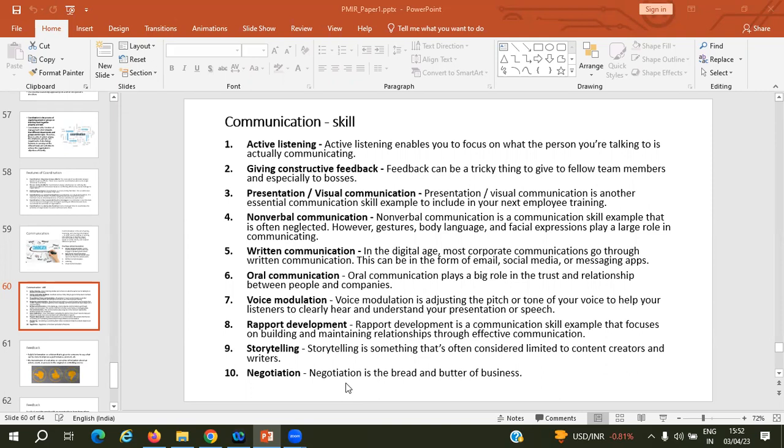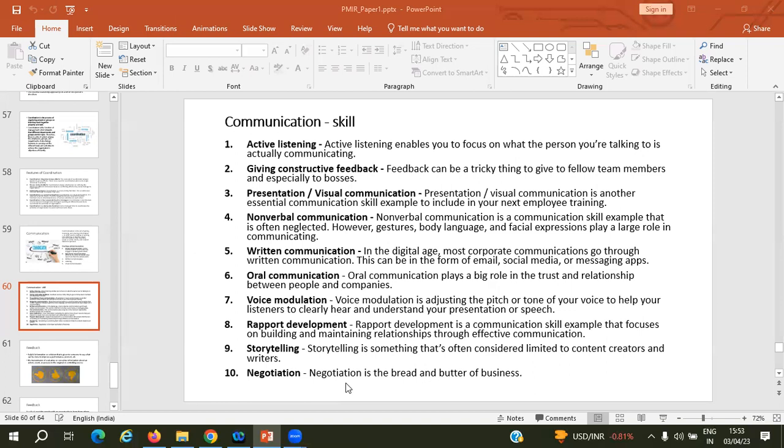So these are 10 different types of skills required in communication. At least you can analyze yourself, you can judge where you are at. Suppose there are 10 skills in front of you, you start mapping your skills on each of these.